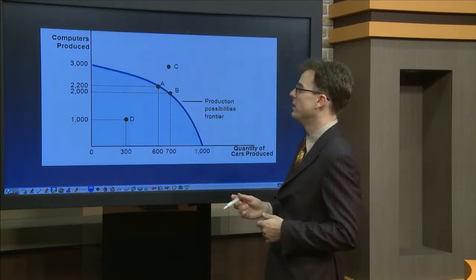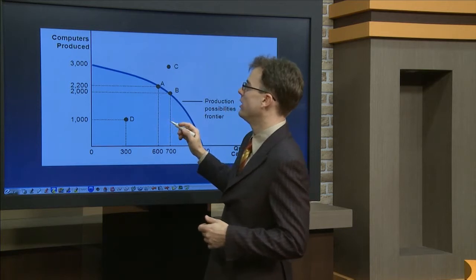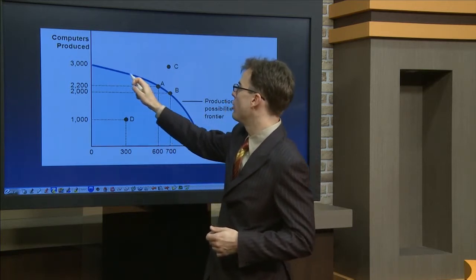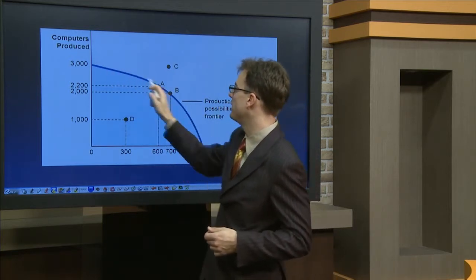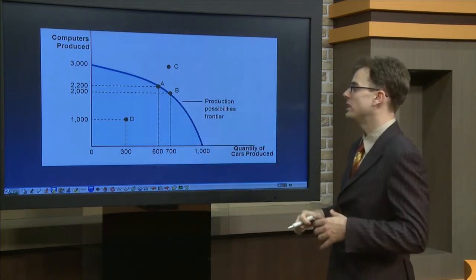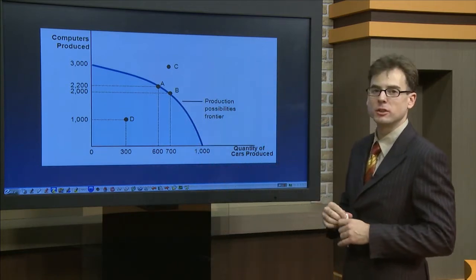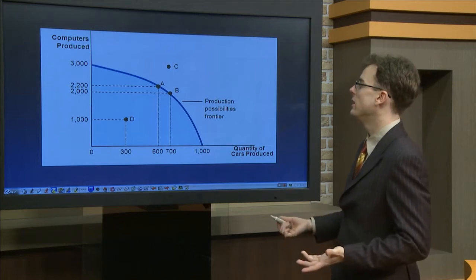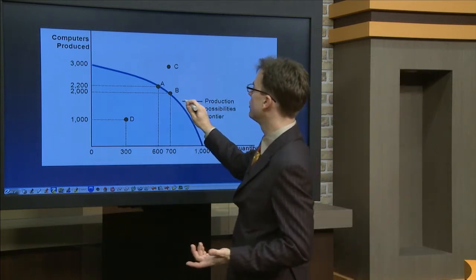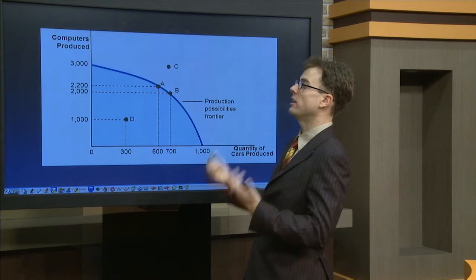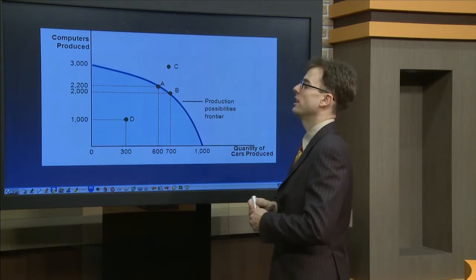We would say that if the economy is producing at a point on this production possibilities frontier, the economy is producing efficiently. It is getting the most output it can from the available inputs and technology.